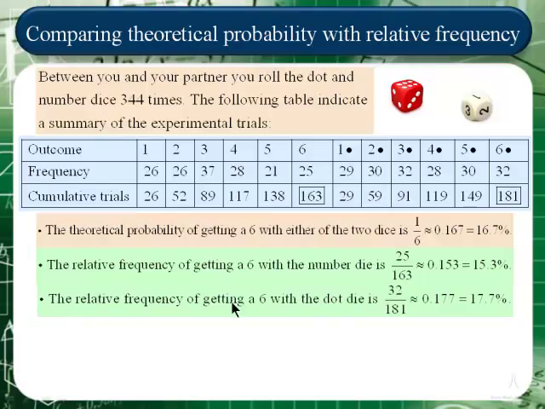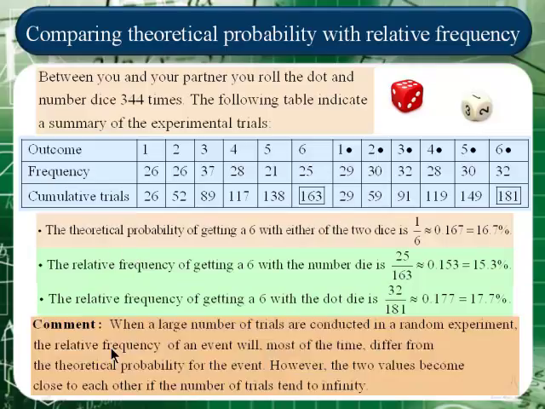Your friend who is rolling the dot die obtained 32 positive outcomes and repeated the experiment 181 times, so 181 trials. This gives us a relative frequency of 17.7%, which is slightly bigger in this case than the theoretical probability.